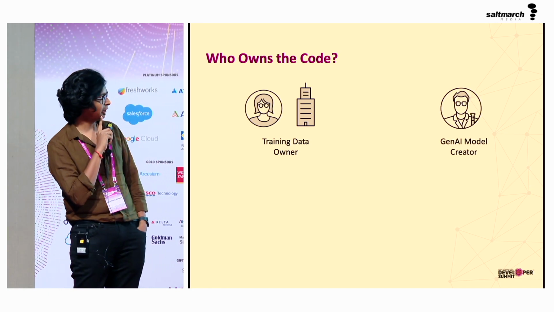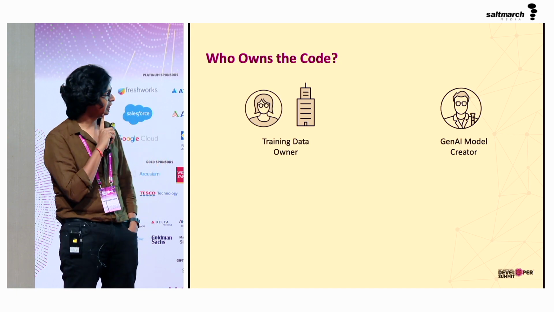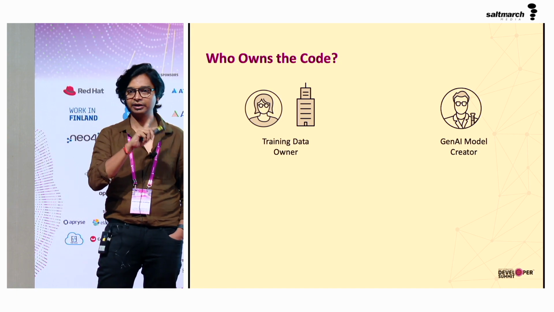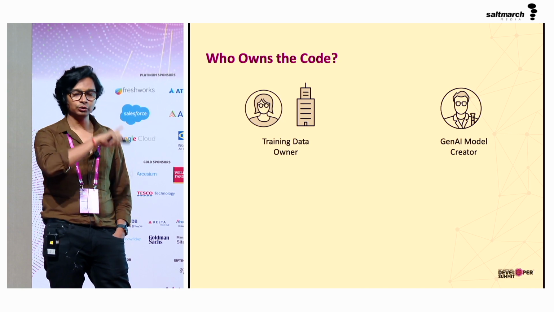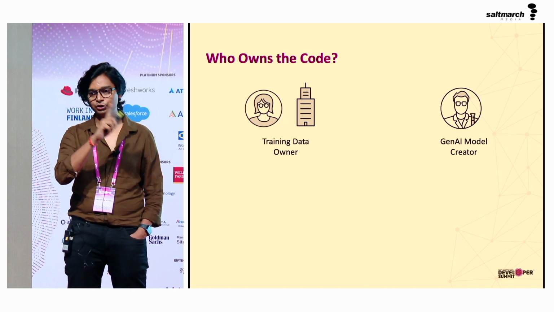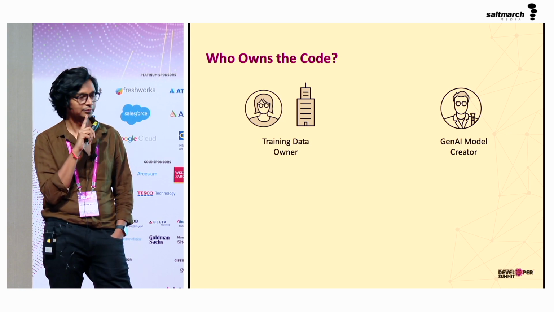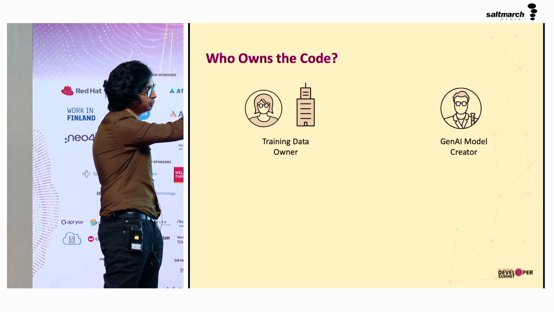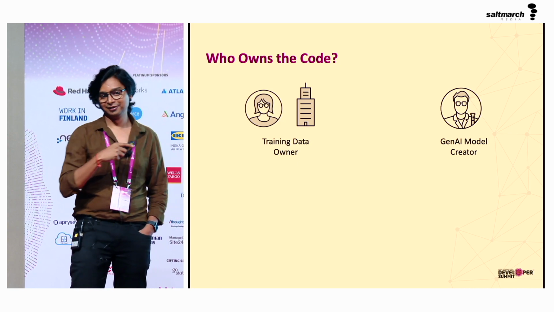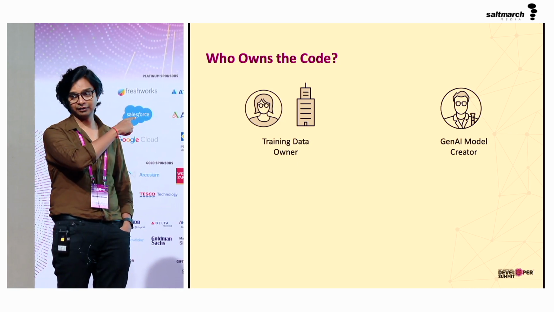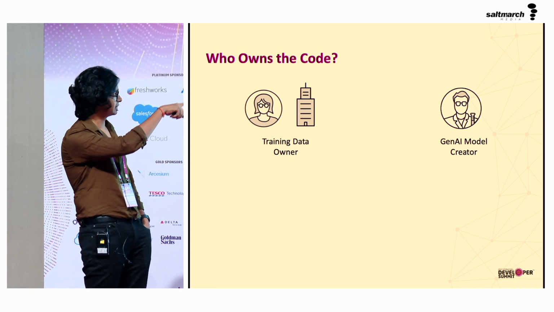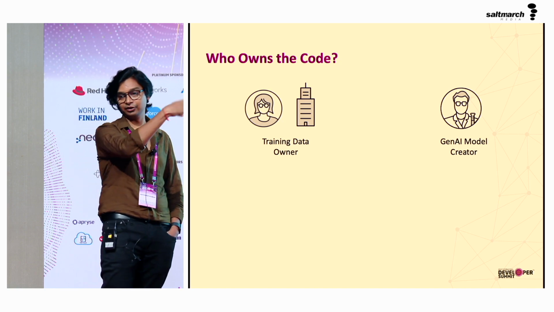Let's see. How many of you think that the GenAI model creator, the team who actually took the data and trained the model, should own the code? Okay, but imagine that if they are two different entities, the data was not theirs. They just took the data and trained the model.